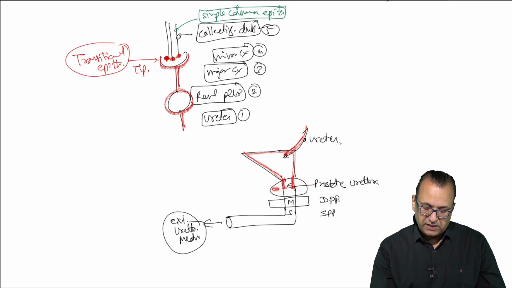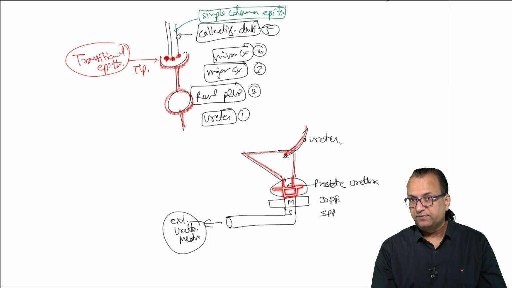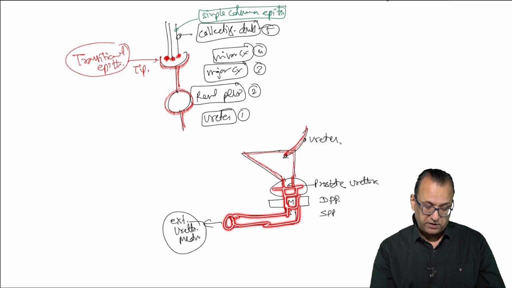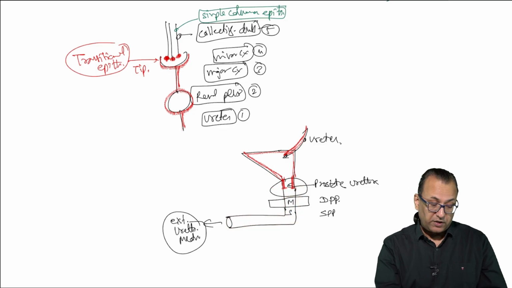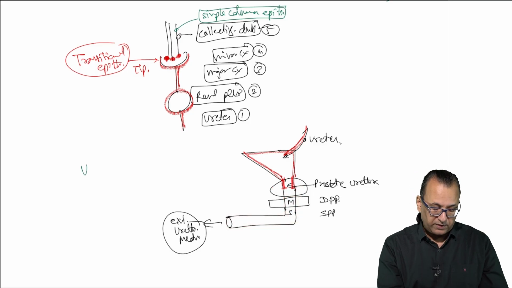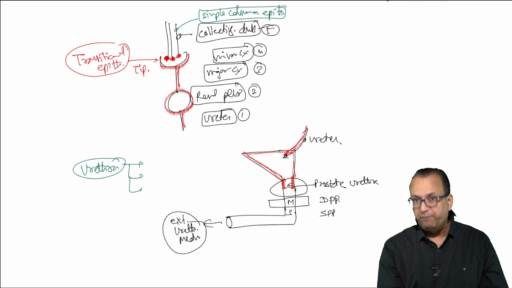What is in the distal half of the prostatic urethra? What is in the membranous urethra? What is in the spongy urethra? What is at the external urethral meatus? Now remember, when you talk about the urethra, especially the male urethra, it will have three epithelia. Beginning, it is transitional epithelium.